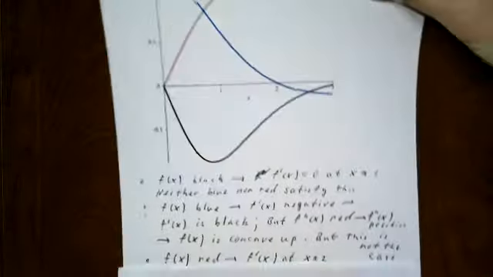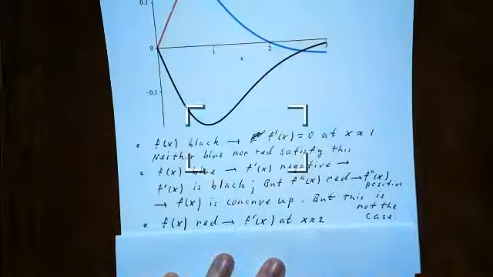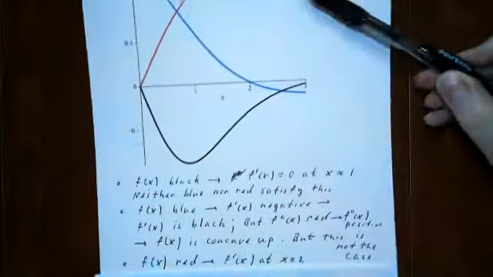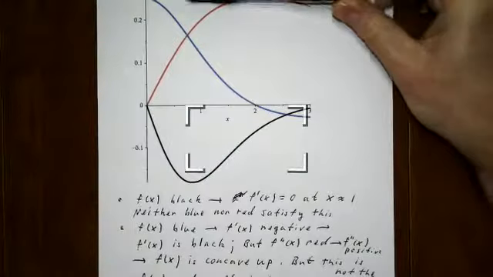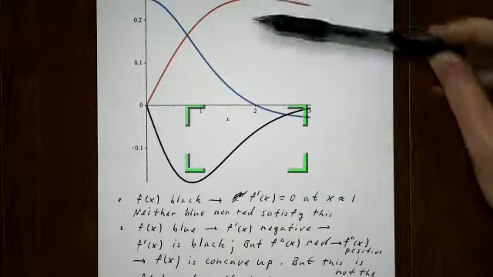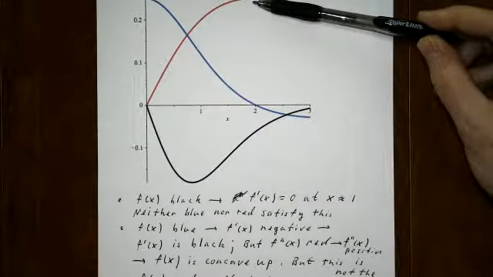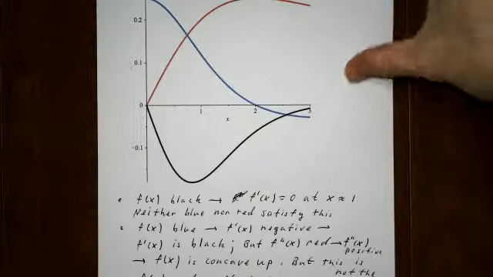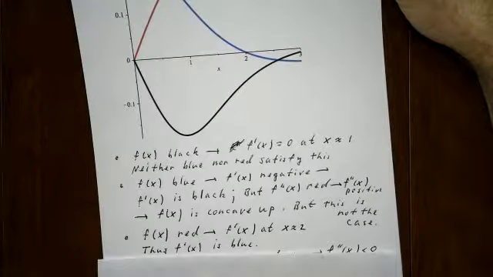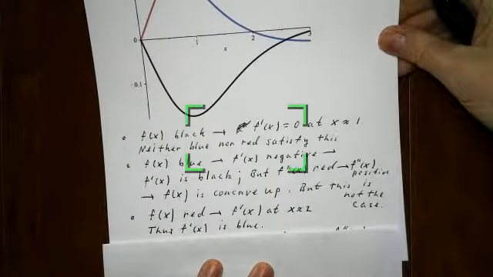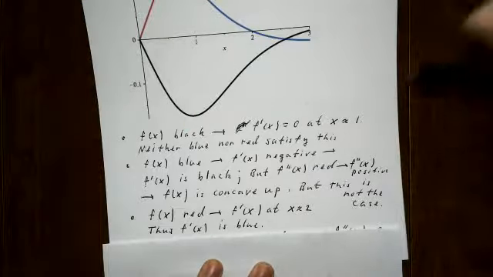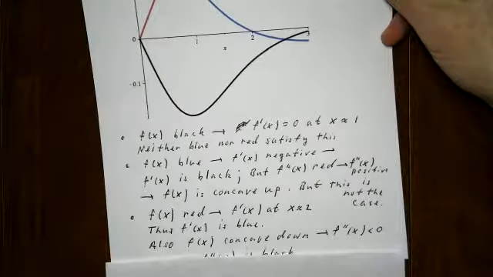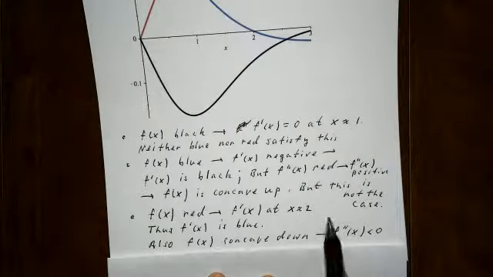So let's verify that that's the case. If f of x is the red graph, it has a slope of 0 at around 2. And that means that its derivative would have to cross the axis there. That means of the two possibilities, the derivative has to be blue. That means since f is red and f prime is blue, the second derivative would have to be black. Let's check that that works.